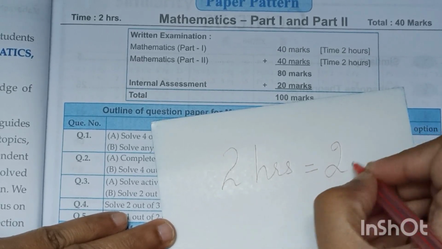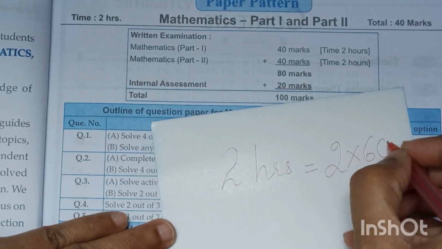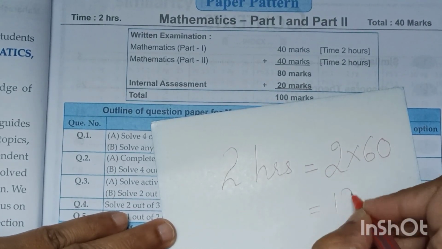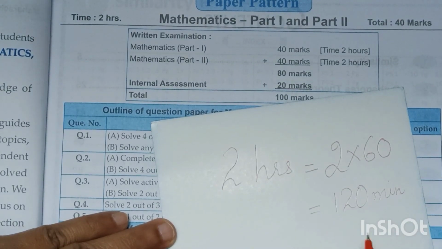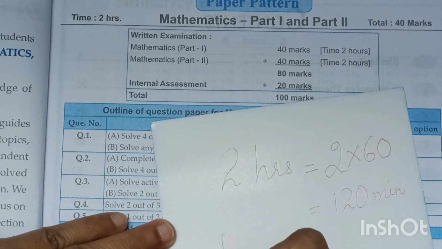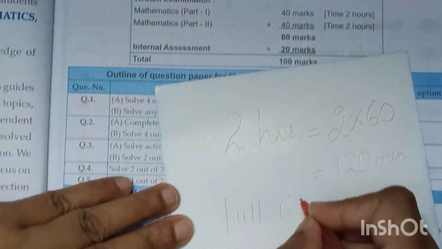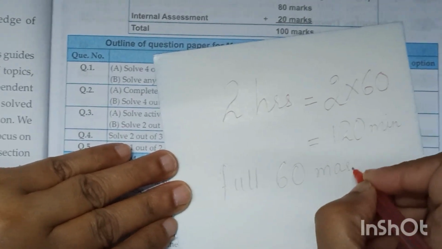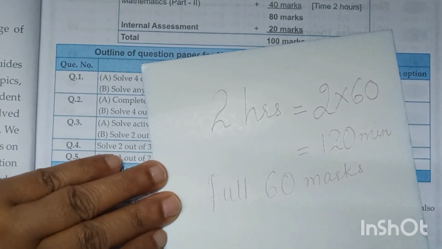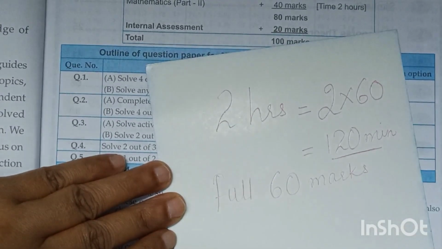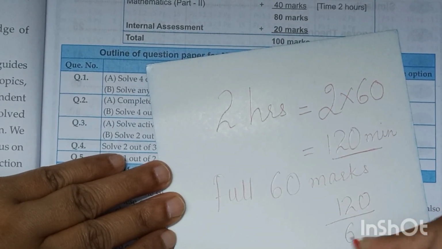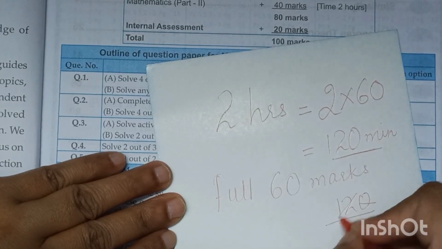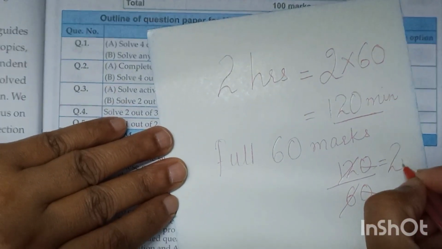2 hours means how many minutes? It will be 120 minutes, right? My suggestion is that try to solve the full 60 marks paper in 120 minutes. So 1 mark question, how many minutes? 2 minutes, right?